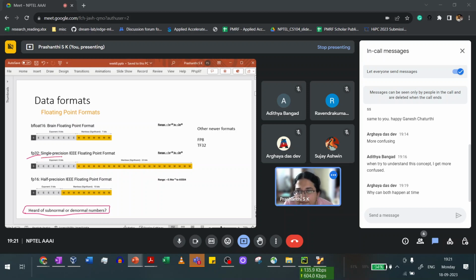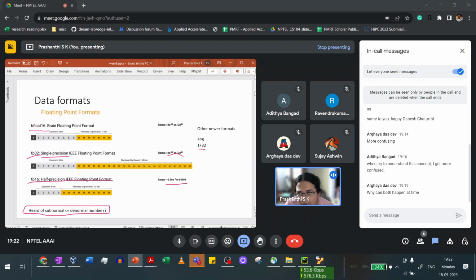It's called single precision IEEE floating point format. Now there is also half precision IEEE floating point format, which is FP16, which reduces your exponent and your mantissa, right? So you can compare the range of this versus this. You'll see that the range is much lesser. Now there are variants like bfloat16, TF32.